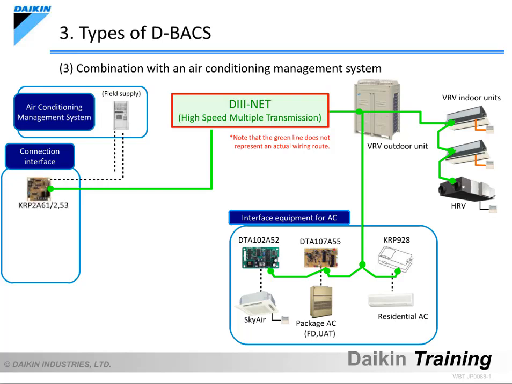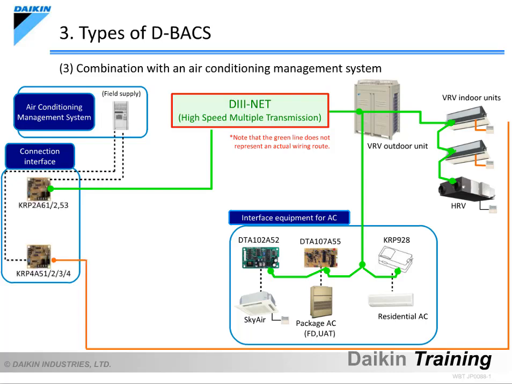This type of interface is called an adapter PCB, and there are several products available from Daikin. One type is used as an interface between an air conditioning management system and D3Net when controlling Daikin's small to medium-scale air conditioning system. With this type of adapter PCB, air conditioning units connected via D3Net or remote control wiring can be turned on and off in a centralized manner, as well as transmit malfunction signals to the air conditioning management system.